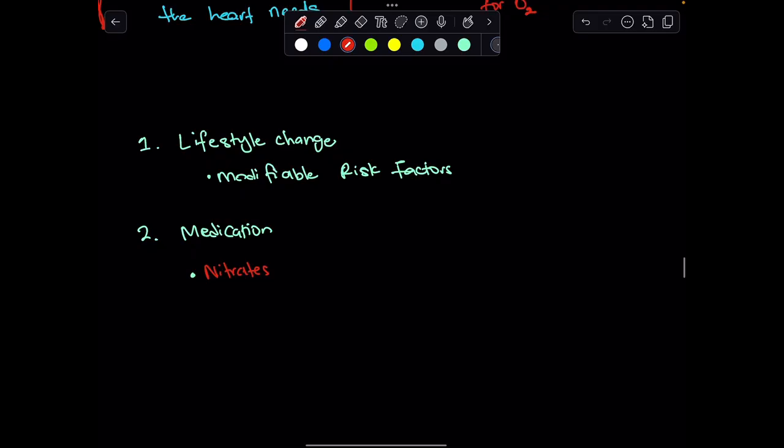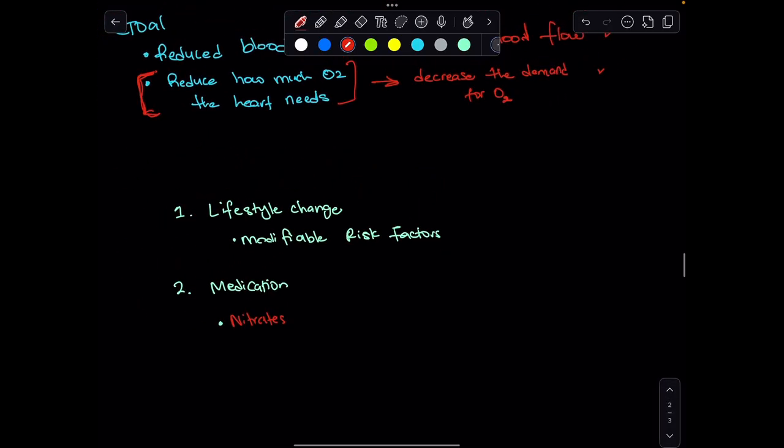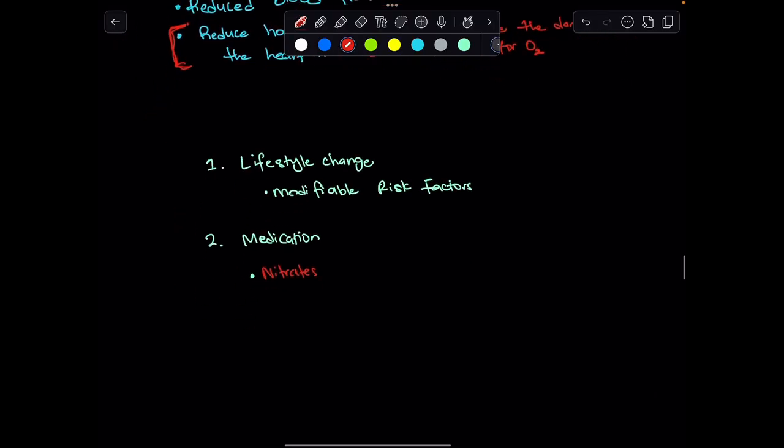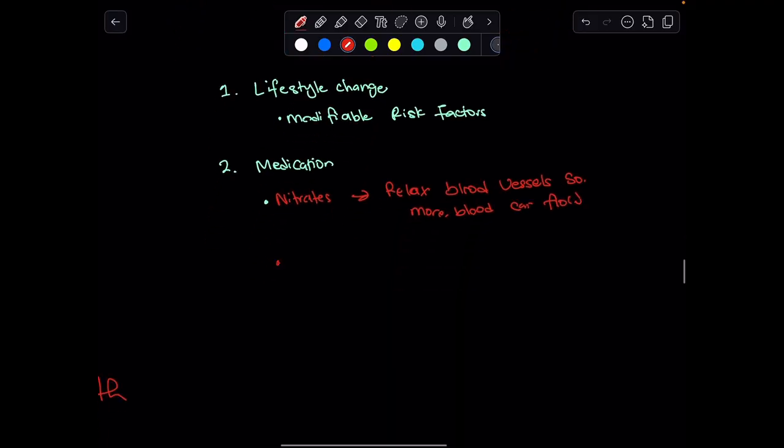So then the second thing that we're gonna do, if that doesn't work, is medication. What kind of medication? Nitrates, the first one. What do nitrates do? Remember what goal we're working towards? Increasing blood flow. So nitrates relax blood vessels. Then we need some statins for the cholesterol.